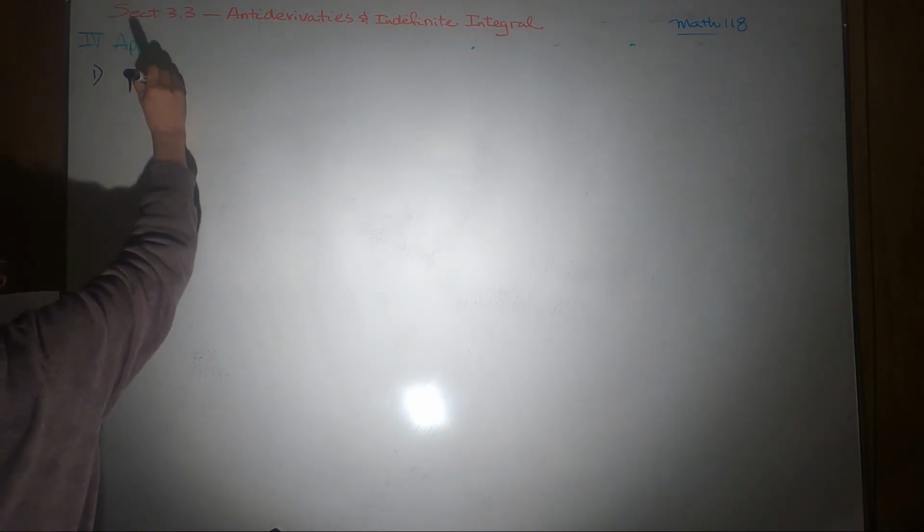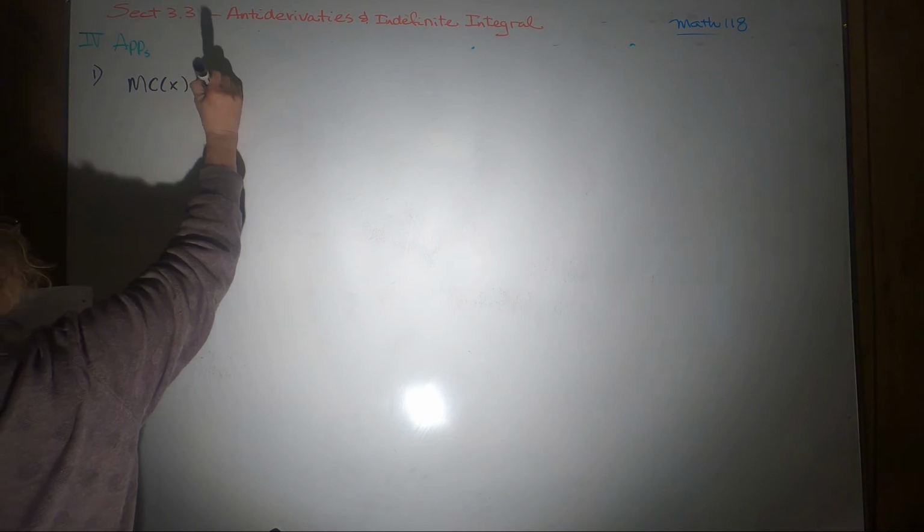Now, let's see how we are going to apply the concepts of antiderivatives. Okay, let's take a look at page 66. Some examples. First one, recovering cost from marginal cost. It says a company's marginal cost function is MC of x equals 6 square root of x, right?